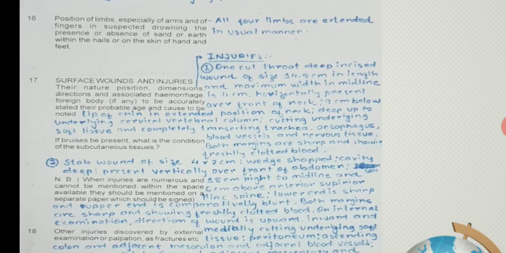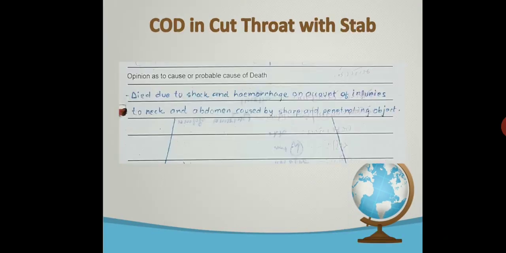Then see the direction, horizontal, present over the front of the neck, 9 centimeter below the tip of the chin in extended position of the neck. So when you describe the injury, you should mention all these things.